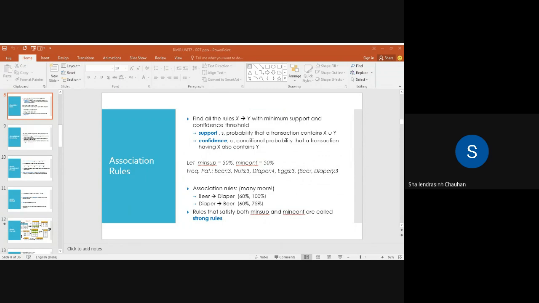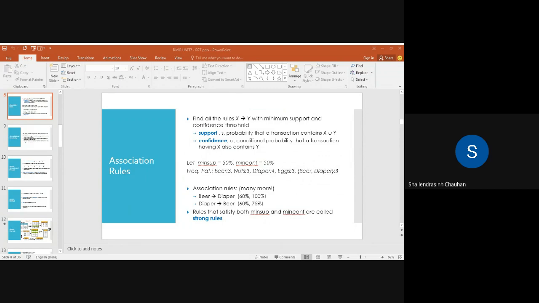Whenever a customer is purchasing beer, you are 100% sure that the customer is also purchasing diaper. So whenever customers visit the store, for those who purchase beer, you are 100% confident that they will also purchase diaper. Based on this kind of association, you can arrange the sequence, place and position of different items.